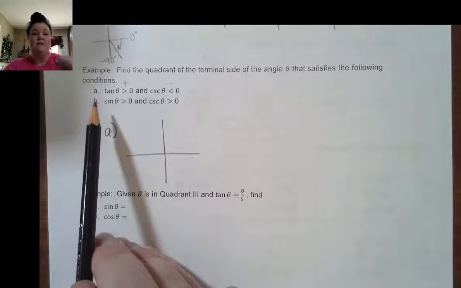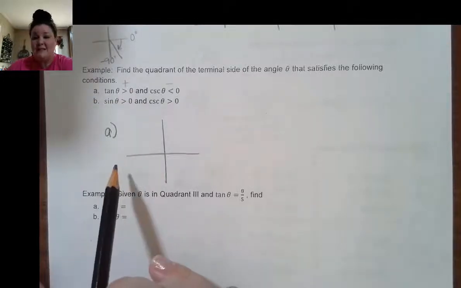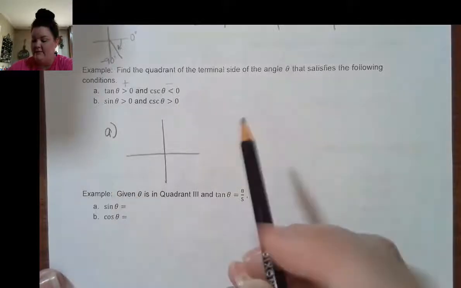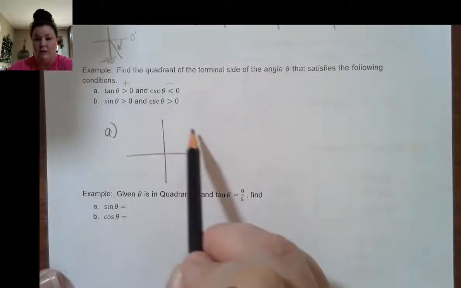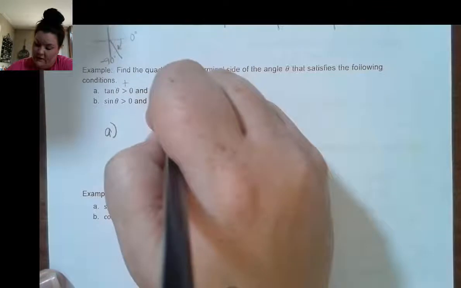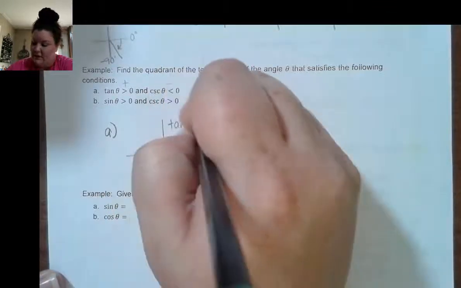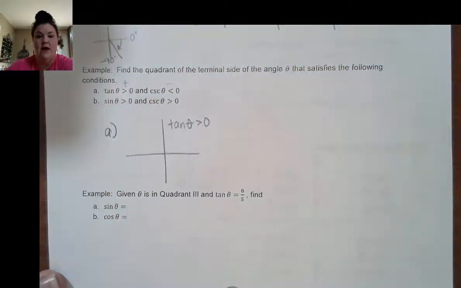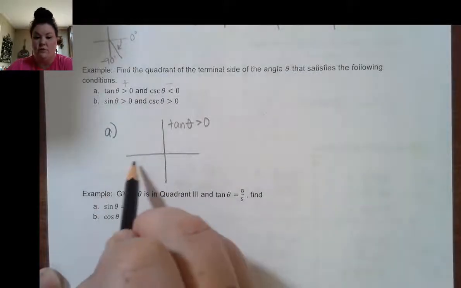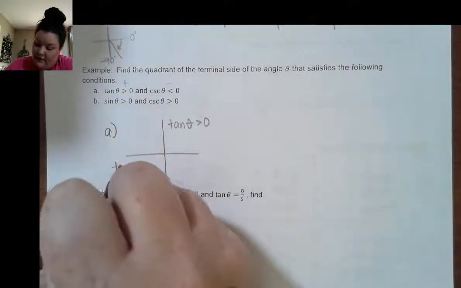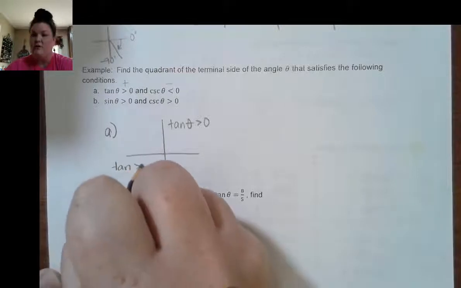So I have to figure out the quadrants where that happens. So when x's and y's are both positive, that happens in quadrant 1. So I know in this quadrant, my tangent is positive, right? I also know I get a positive tangent when I have a negative x and a negative y. So that happens down here in quadrant 3. So down here, I know that my tangent is going to be greater than 0.